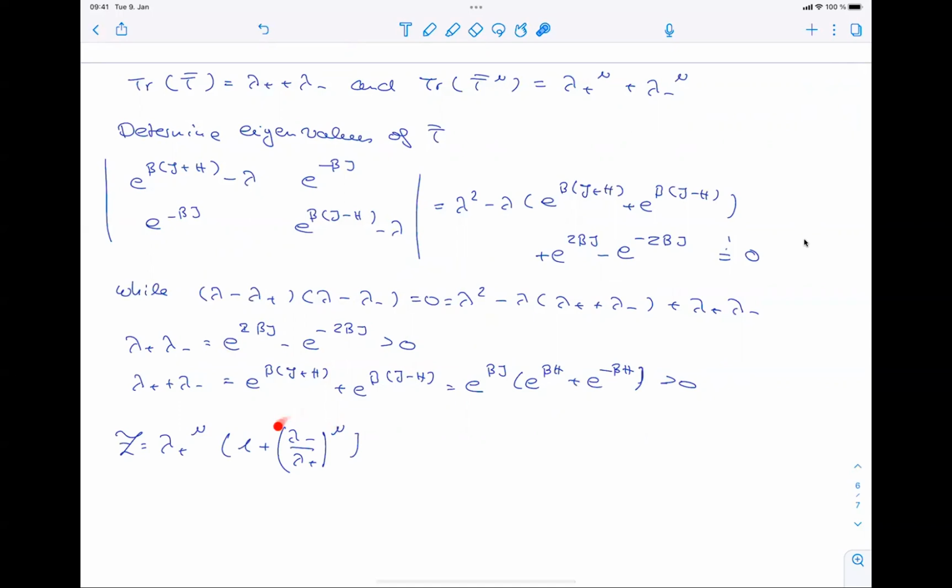And so we know that if we send n to infinity, this contribution should become negligible because this is smaller than 1. We know that the partition function is governed by the largest eigenvalue. I know it sounds silly, why are we doing this in this case? Because obviously we can just solve this quadratic equation here.